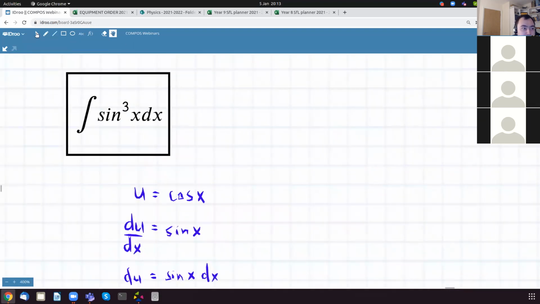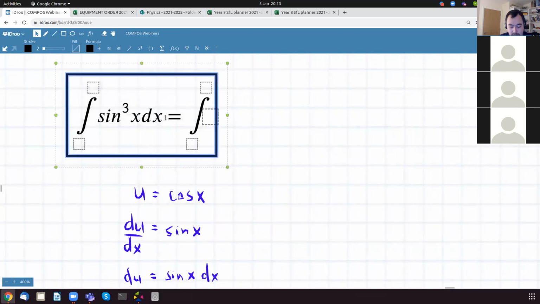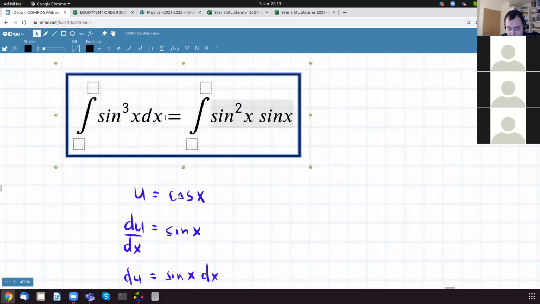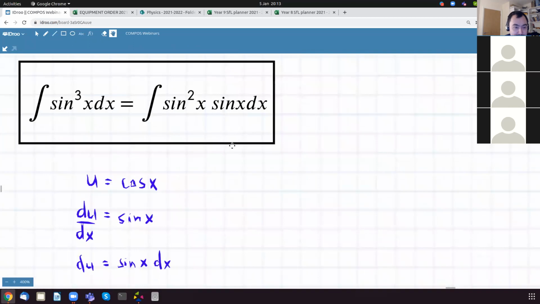Okay, so what happens here is we write it down as the integral of sine squared x sine x dx. But the substitution is cosine x. But we know that sine squared x is 1 minus cos squared x.